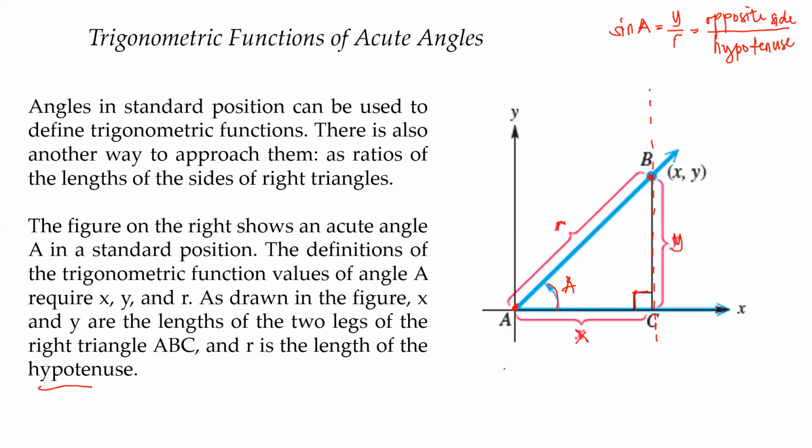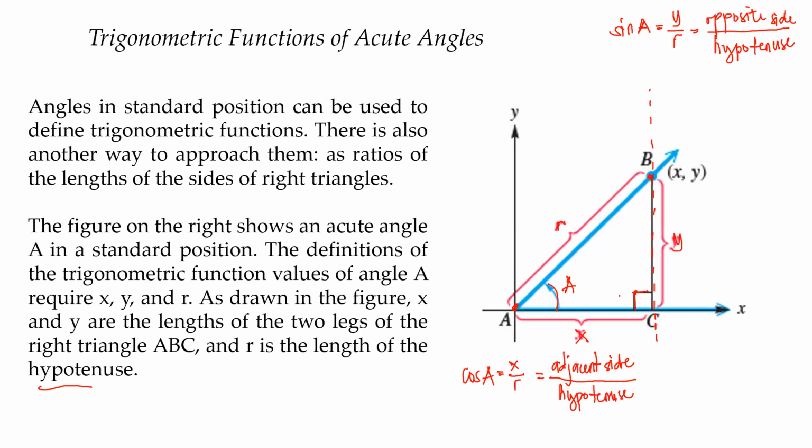And we know by definition as well, cosine of any angle is equal to x over r, right? And our x here is beside angle A, meaning adjacent side of the triangle, and r is still our hypotenuse.